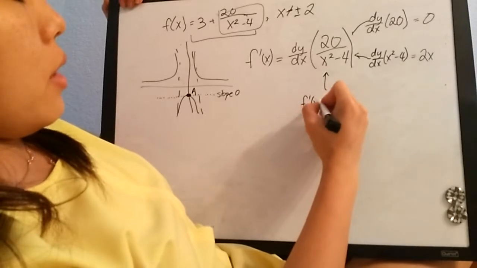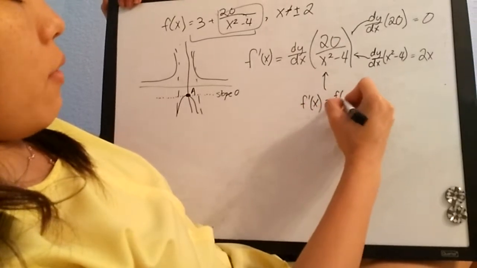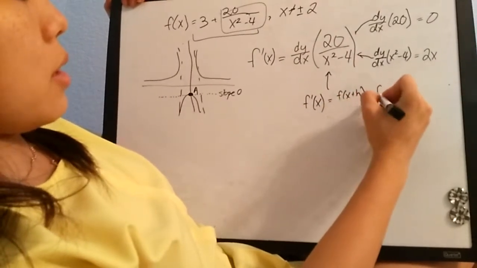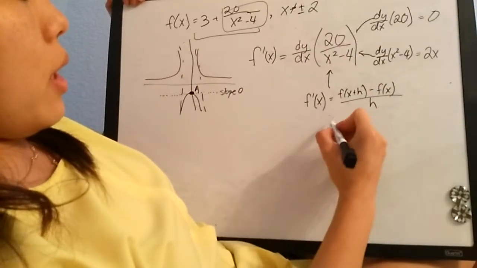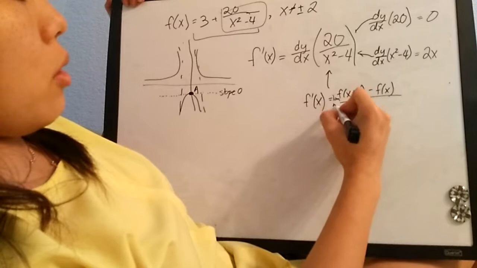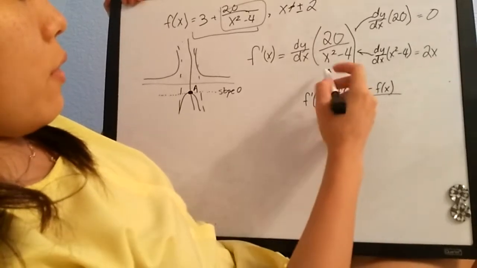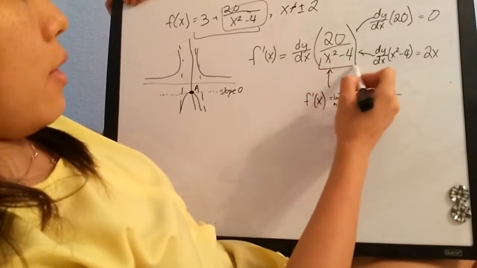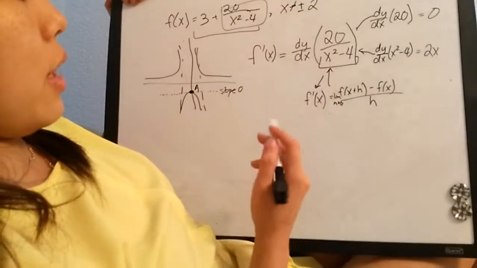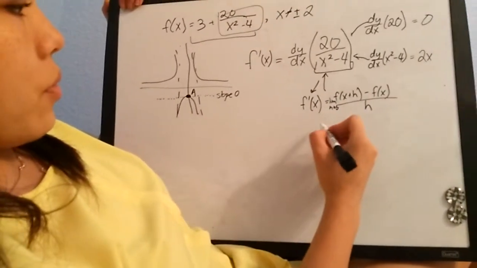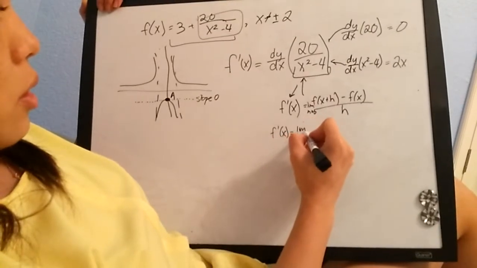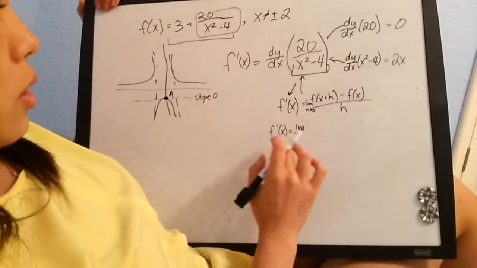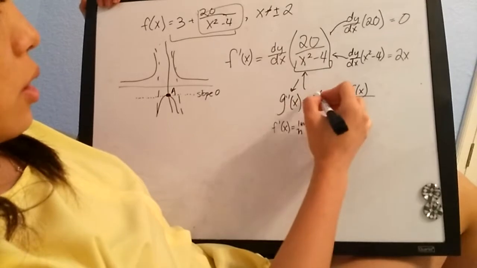So f prime x equals f of x plus h minus f of x over h. So here, if we are trying to find the derivative of this, that's f of x for now. Now let's call this g of h.